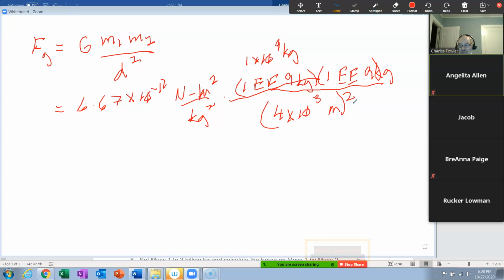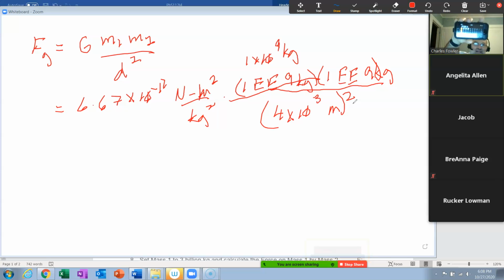Change sign to minus, times 1 EE 9 times 1 EE 9 divided by, this time don't forget the parentheses, open parentheses, 4 EE 3, close parentheses squared, the squaring key, and then press equal.